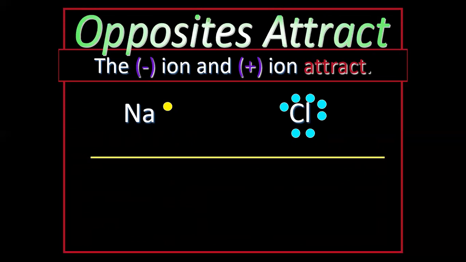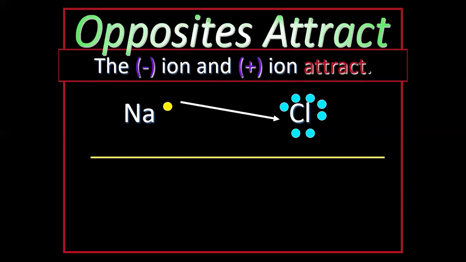Similarly, chlorine after gaining 1 electron will attain the noble gas electronic configuration of argon. Both neon and argon have 8 electrons in their outermost shells, which results in higher stability. So that's why every atom tends to gain an electronic configuration like the noble gases, which are helium, neon, argon, krypton, etc.